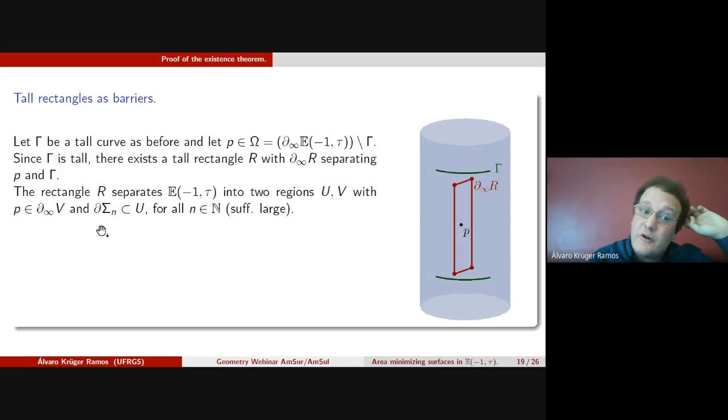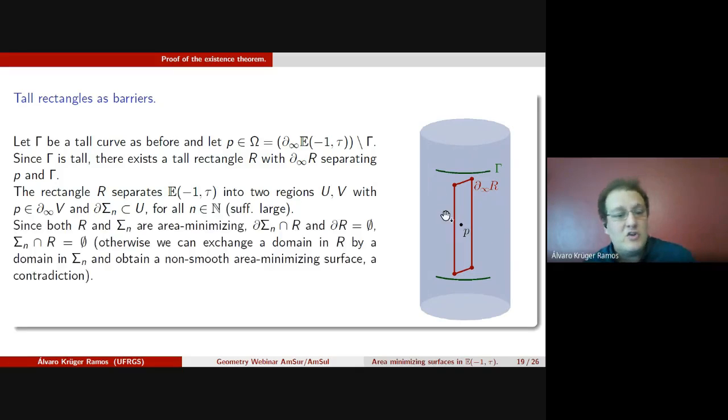So since the boundaries of sigma n are converging to gamma, the boundaries of sigma n are contained in the other region, which does not contain P. Since both these surfaces are area minimizing and the boundaries don't intersect, the surfaces cannot intersect. So this tall rectangle acts as a barrier so that your sequence of surfaces stays away from this point at infinity, for any point that you want.